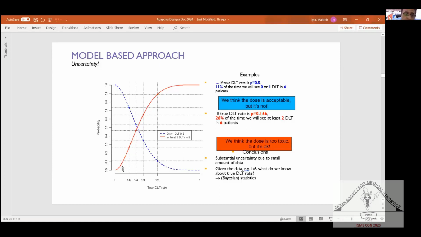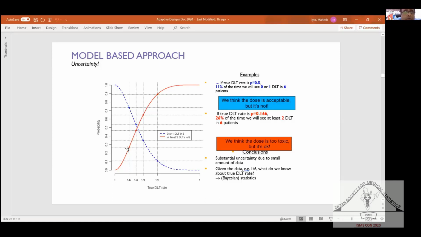So even if your true DLT rate is so low, 0.166, 26% of the time, you will actually stop, because you're seeing 2 in 6 DLTs. So you'll actually stop and say that you can't proceed any higher. So you end up with doses that are not very efficacious. You end up with very low doses.